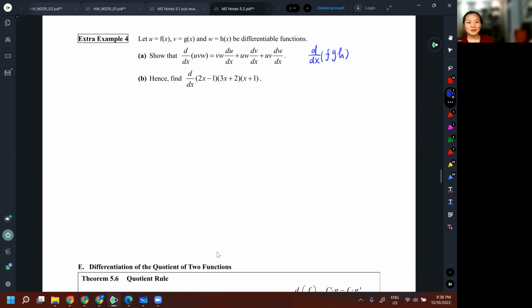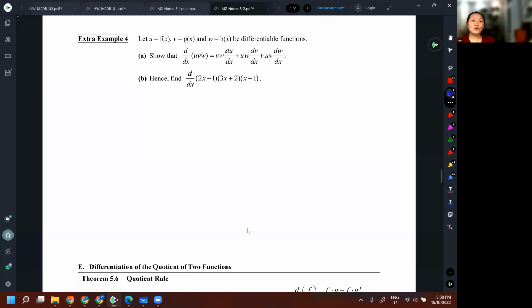Just don't be alarmed if you have UVW. UVW is just equal to FGH separately. Okay? Now, you need to figure out the rule to find the derivative of the 3 functions multiplying.